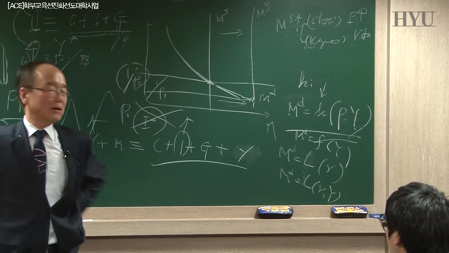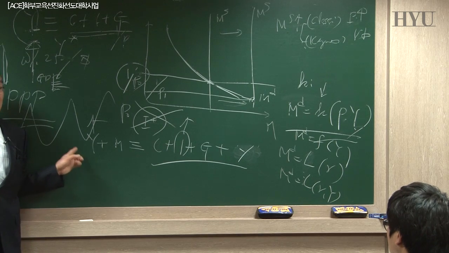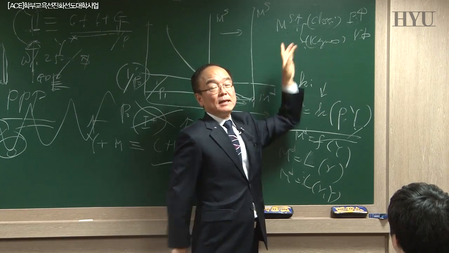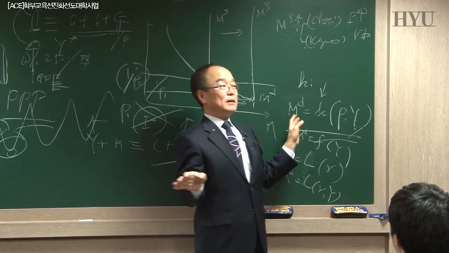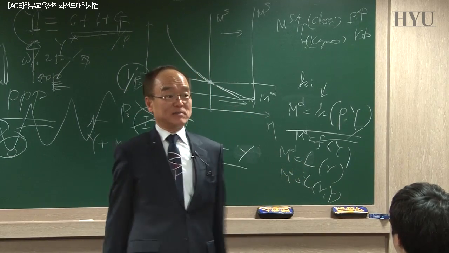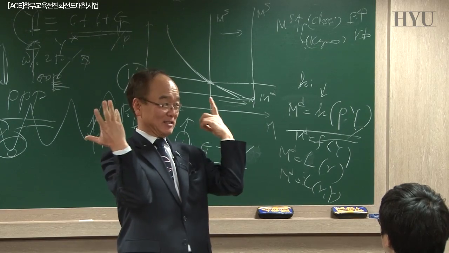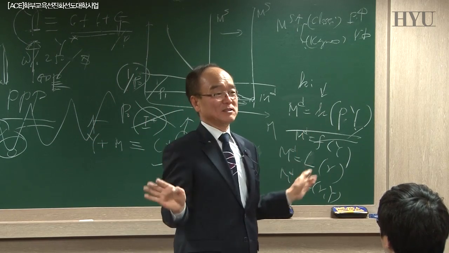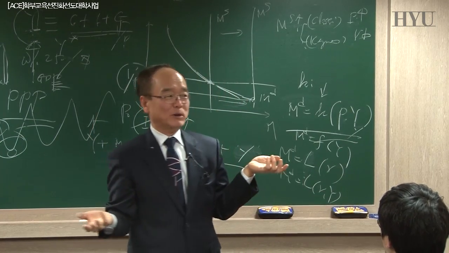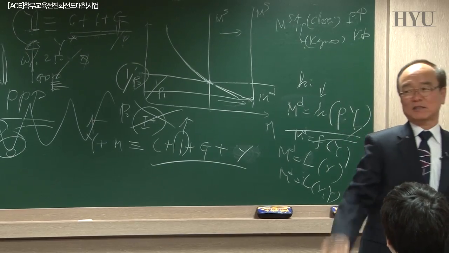Remember, Y is a real variable, right? Money is a monetary variable. For classical economists, money doesn't change any of the real variables, but only changes P, price. Price is a nominal thing. As I keep saying, if all prices double proportionally, it doesn't mean anything to you; it's the exact same story.